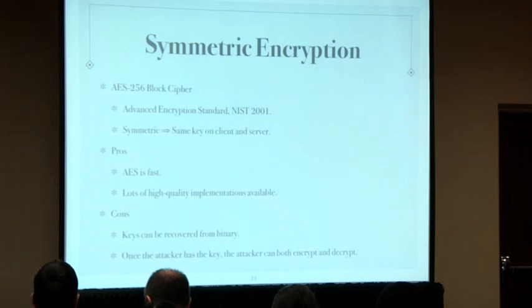In particular, don't even use low-level crypto functions in a library. Use the high-level functions, because the more you have to assemble yourself, the greater the surface area for making mistakes. The major con here is that the keys can be recovered from the binary. As we talked about, there's that trade-off between making it harder for the attacker. This makes it a little bit harder, but any attacker who has access to the binary can extract your key, and now he can do the same kind of encryption and integrity checking that we can do.